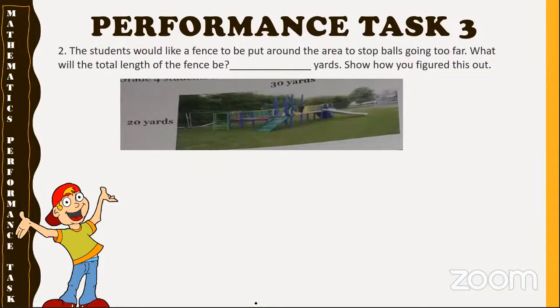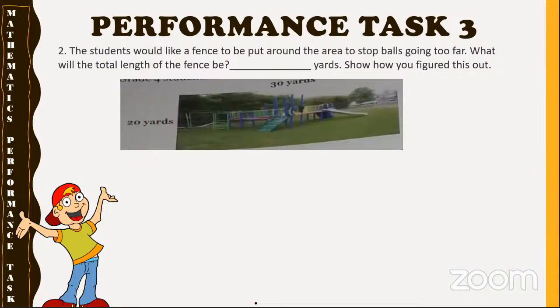The student would like the fence to be put around the area to stop balls going too far.